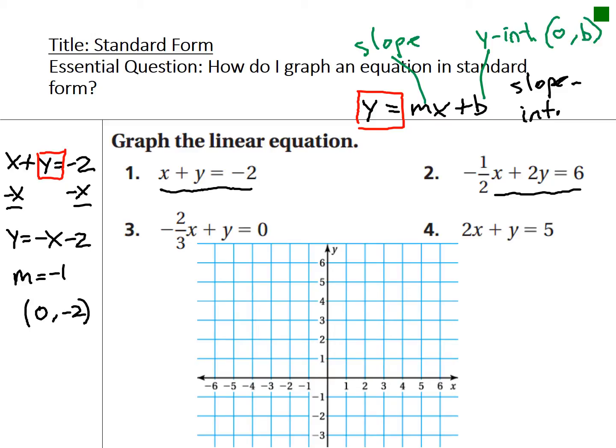In this case, (0, negative 2), because that's what matches the b. So now we're ready to graph this. We use x is 0 and go down 2. That's this point. And then we do a slope of negative 1, which is down 1 over 1. We've created 2 points, and so we're ready to draw the line.